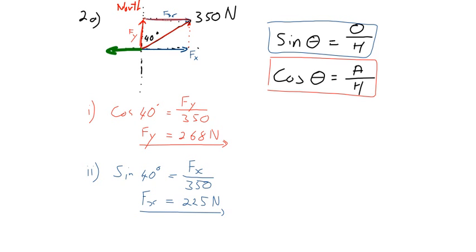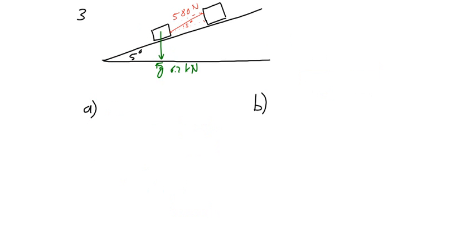Right, let's look at the next one. Number 3 is a nice question. And immediately when I say nice question, then you need to know it is challenging. So let's have a look at what we have.